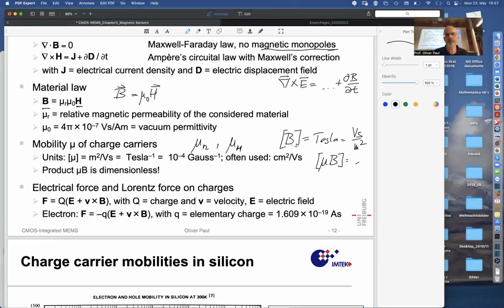And you will find mu times B everywhere as the central size parameter of how strong a magnetic effect is going to be. B alone cannot do anything. It's because carriers can move that B manifests itself in a magnetic effect. So it's mu times B. The motion of the carriers doesn't do anything by itself. It's because B acts on them, and mu times B is kind of the package that says it.